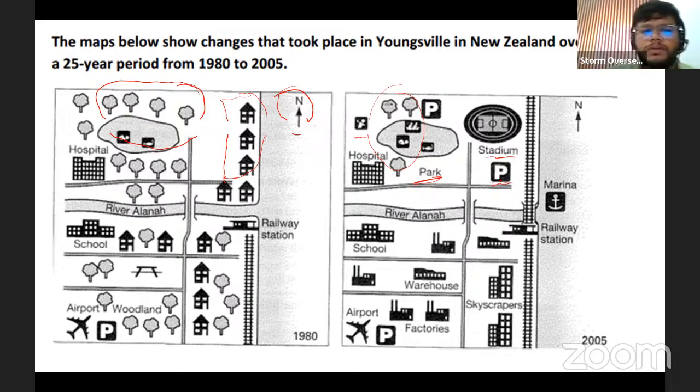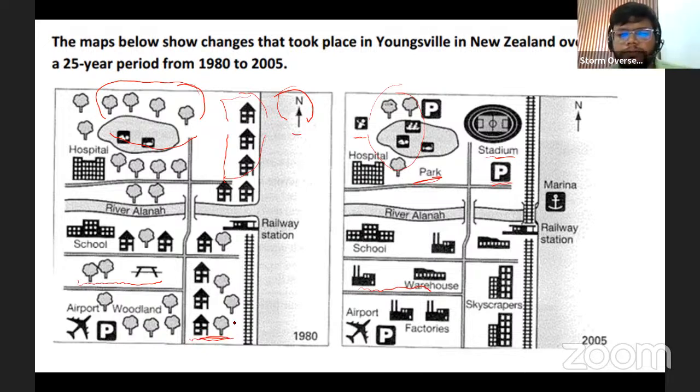And if I talk about the opposite of the river in the south side, then we can see that the area which used to be a kind of park was converted into factories and warehouses. So this also can be my overview, and this is also a significant one.